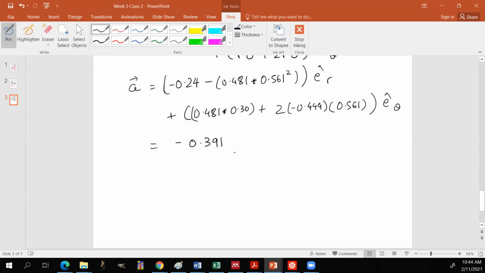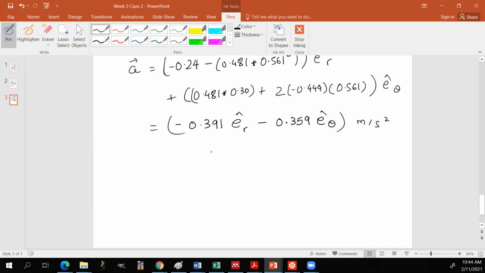Hopefully mine are correct. If you find some issues, let me know. So we have e_r, and then this big mess over here. What I got was minus 0.359 e_theta, and that is in meters per second squared.